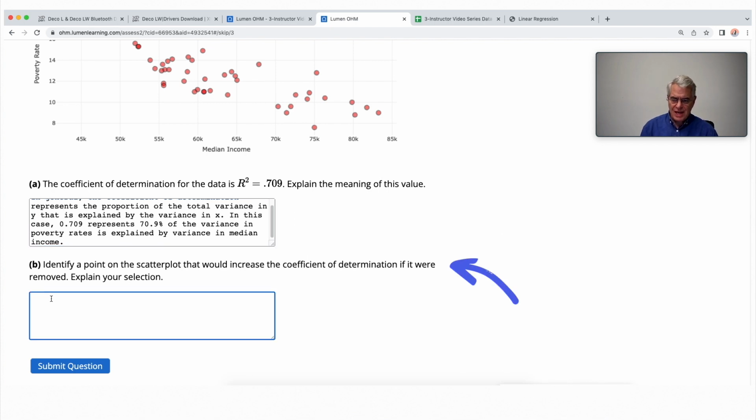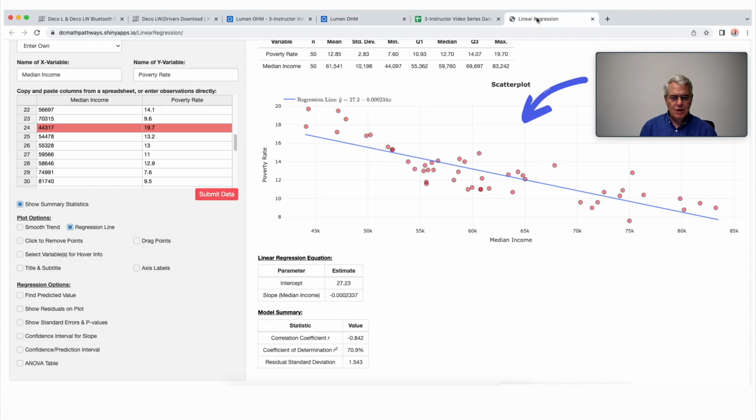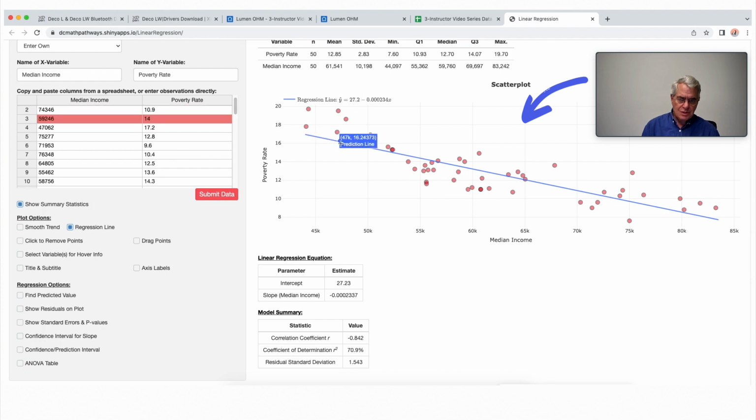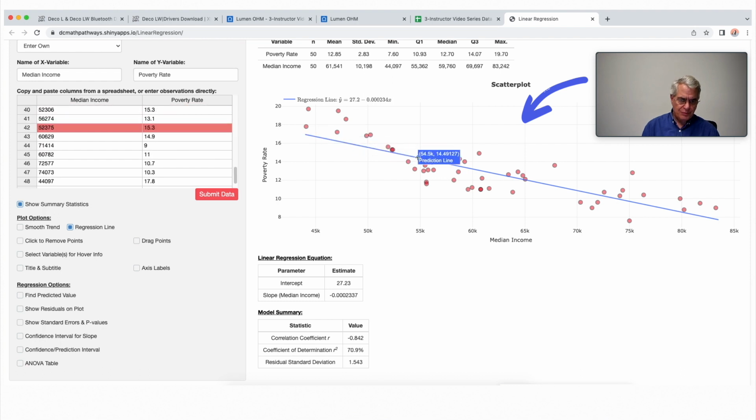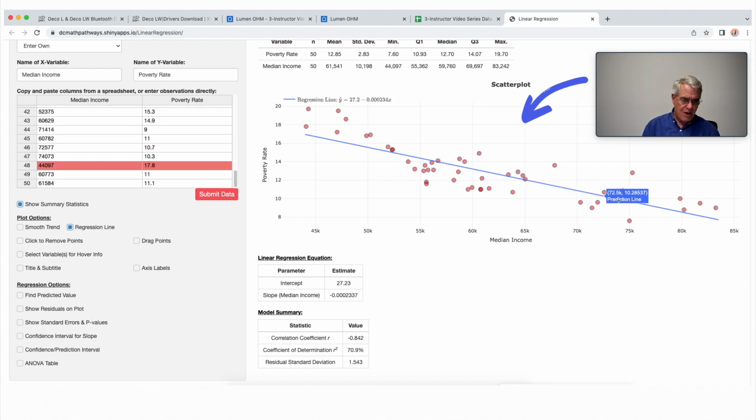Identify a point on the scatter plot that would increase the coefficient of determination if it were removed. Okay, let's go back to our scatter plot. So when xy coordinates, these dots, are close to the prediction line, you explain a lot. It's a very close coherence between the x values and the y values across all.